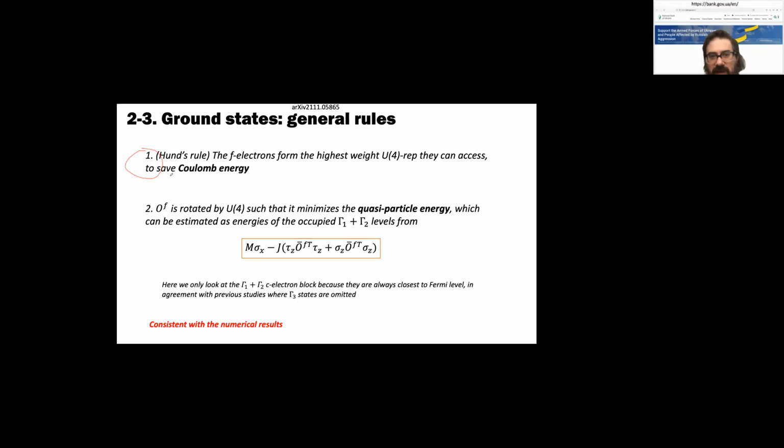There's a Hund's rule for the F electrons, which basically gives the correlated states, and then in this large U(4) manifold on which this Hund's rule acts, you get to the actual state by maximizing the gap given by this simple combination of the single particle gap of the gamma 1 and gamma 2 states and the exchange between the F and C electrons, which becomes a gap in the C electrons given by the expectation value of the order parameter of the F electrons.